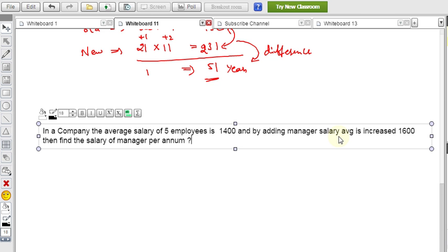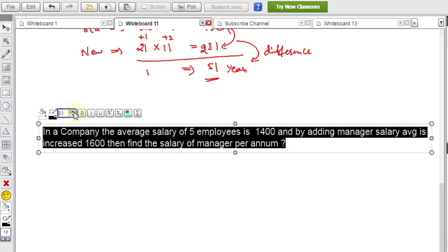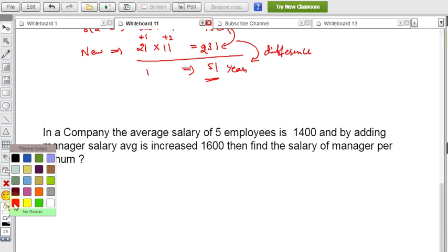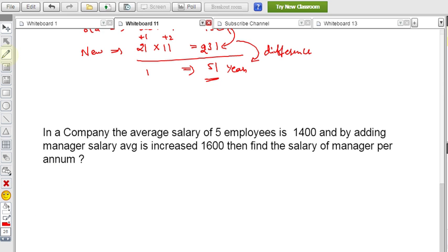So in this problem, in a company the average salary of 5 employees is 1400. Average is given, number of employees is given. The same concept will apply, old and new.